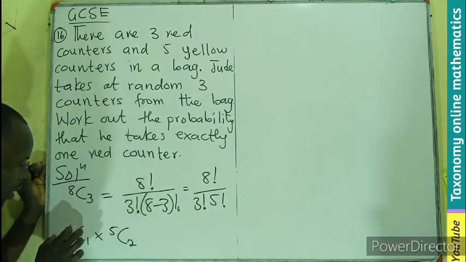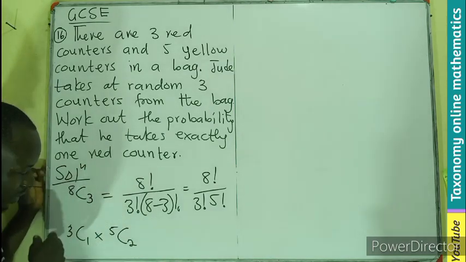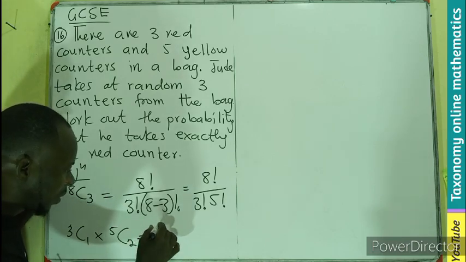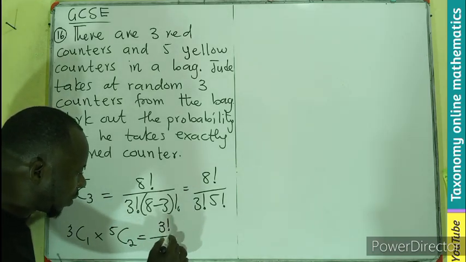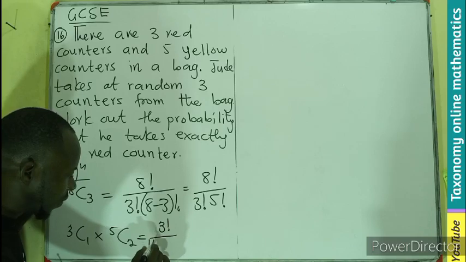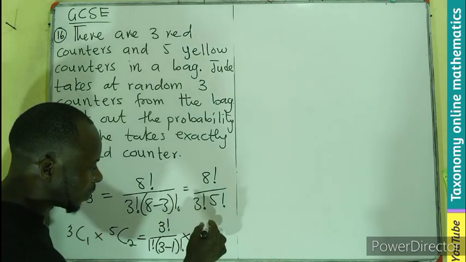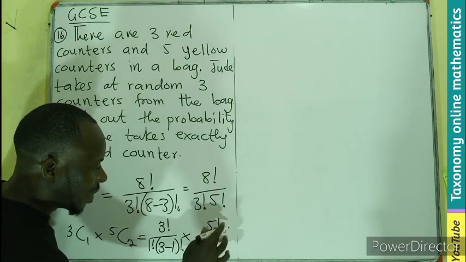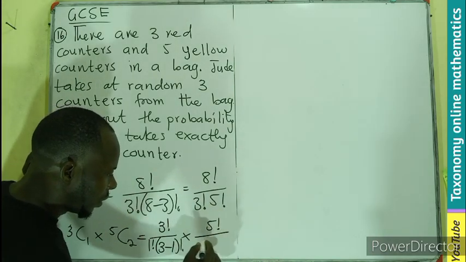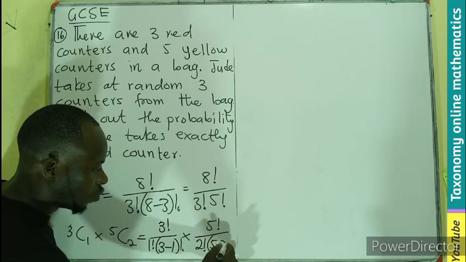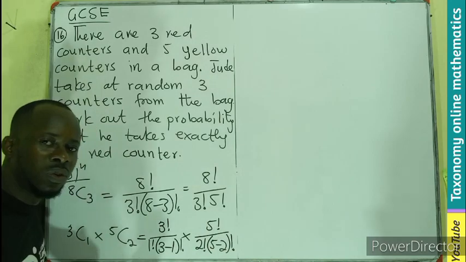Either this comes first before this, it is a multiplication. So we can expand that to have 3 factorial divided by 1 factorial times (3 minus 1) all factorial, times 5 factorial divided by 2 factorial times (5 minus 2) all factorial.